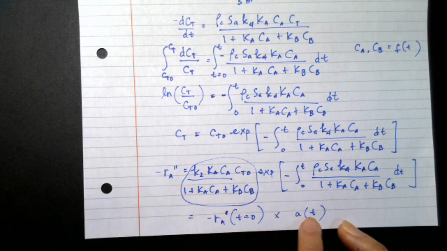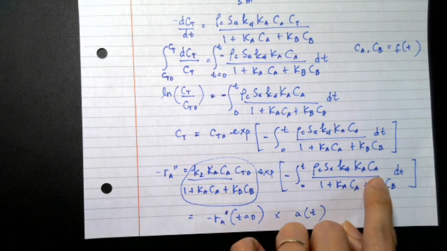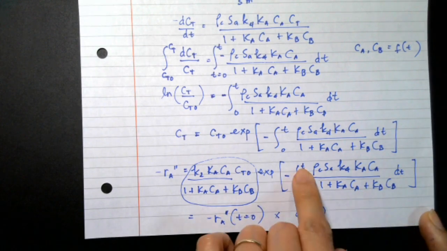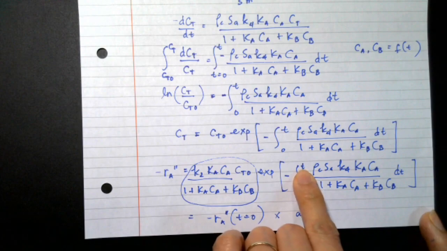This function takes into account the history of the concentrations of A and B because it is an integral up to the current time t. We can do the same with a simpler case where the catalyst deactivation does not depend on the concentration of the reacting species. Let's say the coking reaction rate is just a function of the total site concentration.